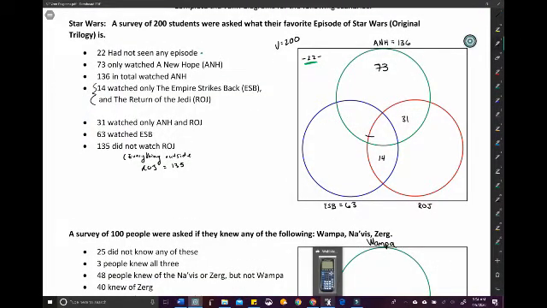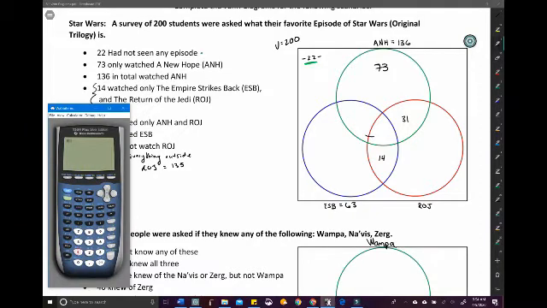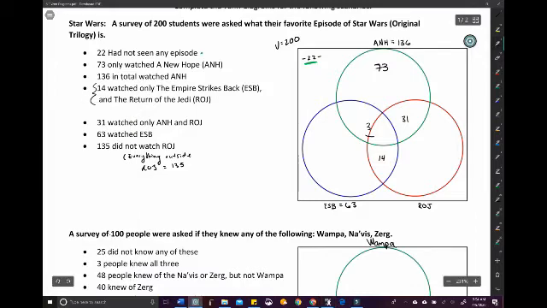We know the whole thing's 136. So if we take 136 and we subtract the 73 and we subtract the 31, we end up getting that this piece must consist of 32 things. Now, I don't know how it's broken up just yet, but it's kind of like a Band-Aid. We know that in the end, that's going to be 32.